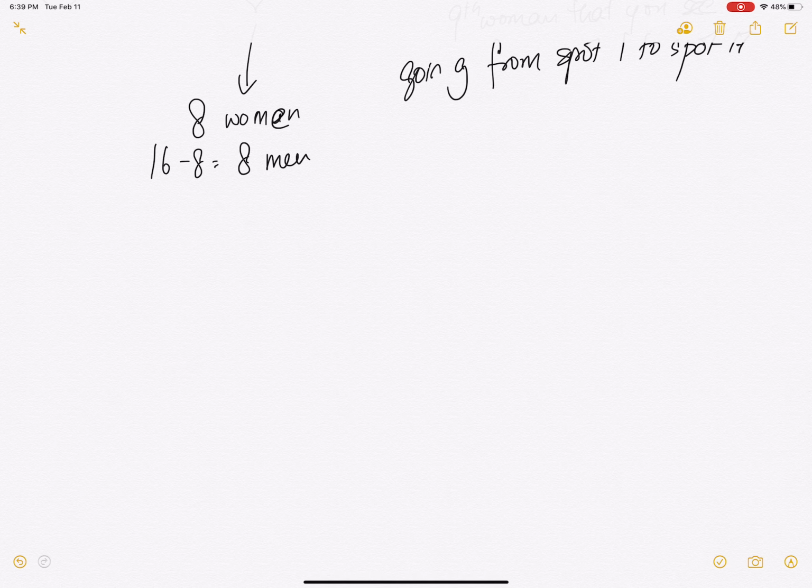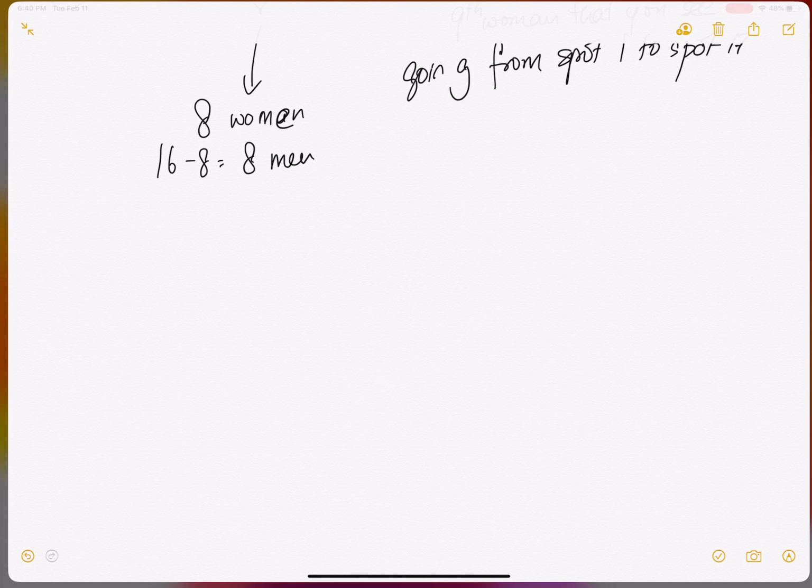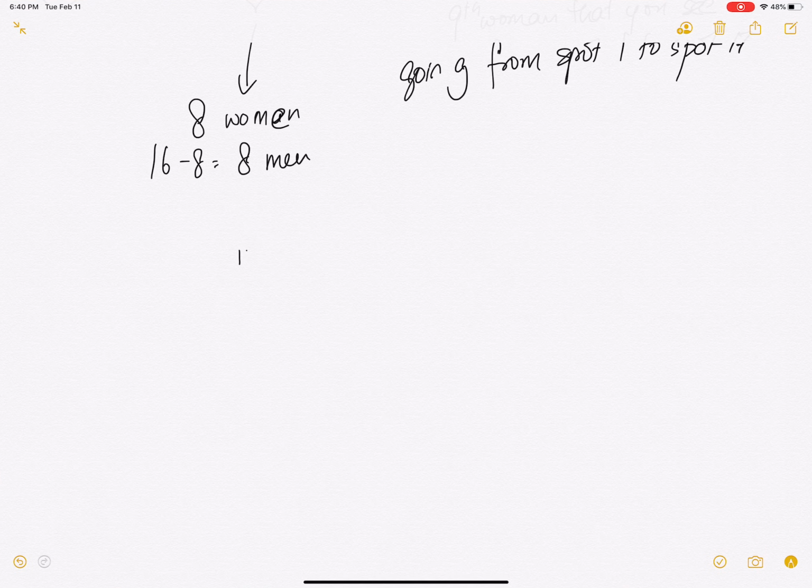Okay, so let's look at the numerator. What will the numerator be? We want to pick 8 women from the 15 women to be in the first 16 spots. So here I've just picked 8 women, okay?